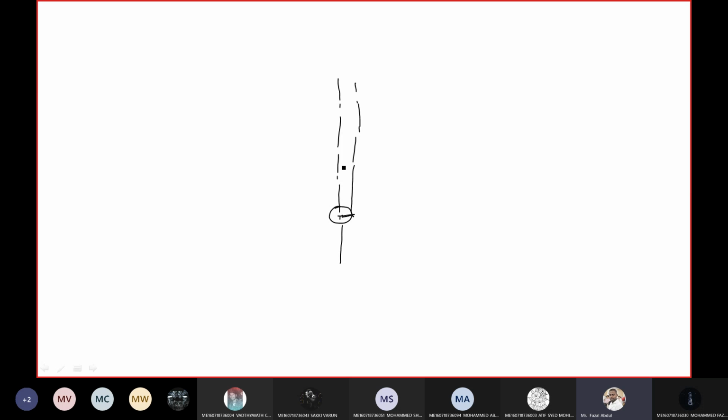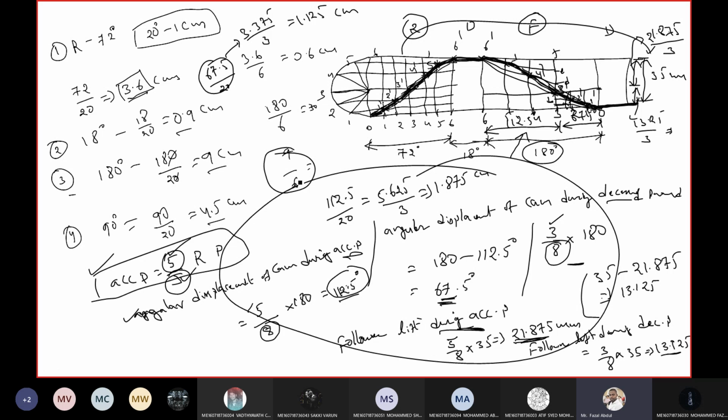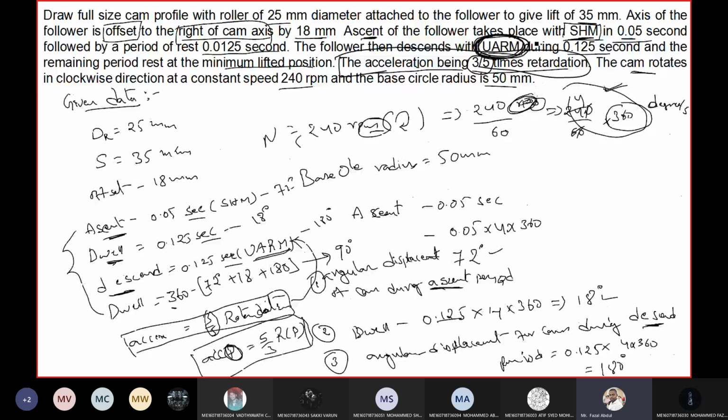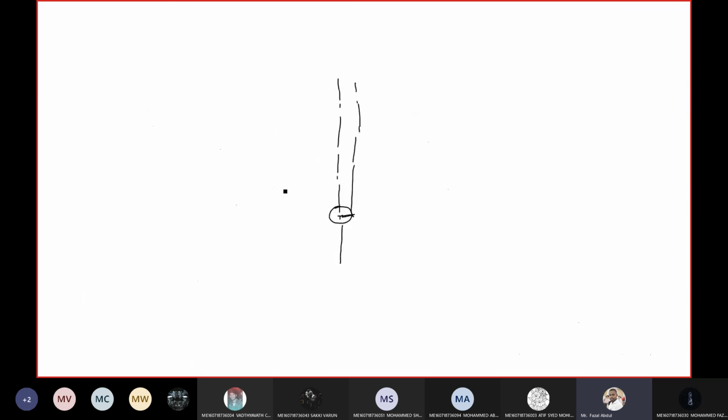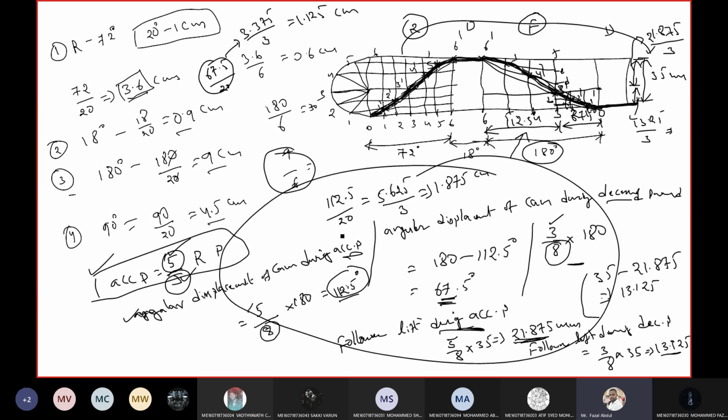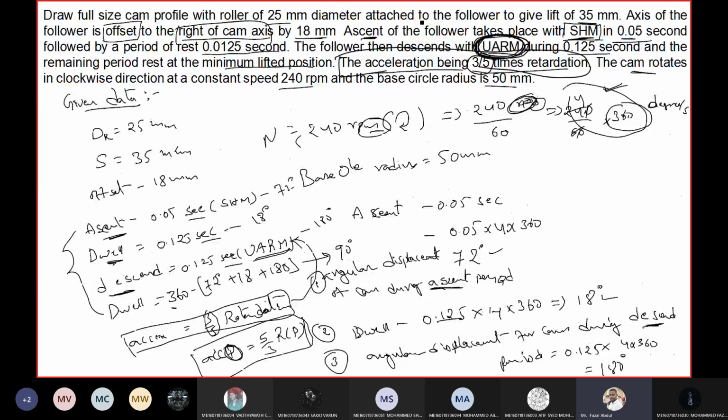Leave it. Then take the base circle radius. How much is given in the question? Base circle diameter is given 50 mm. So take the 25 mm radius, measure with the compass. Sir, radius only. Yeah, sorry. Radius of the base circle is given 50 mm.